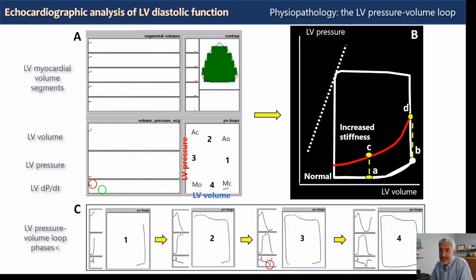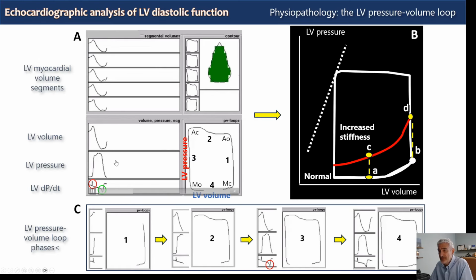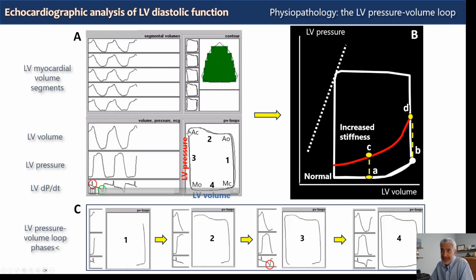In this case, by representing both volume and pressure on this Cartesian graph, and by putting volume on the horizontal axis and pressure on the vertical axis, we create a loop. And below the LV pressure tracing here is the LV dP/dt, which is the first derivative of the pressure curve.